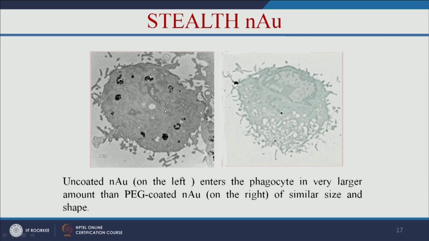This one is an uncoated gold nanoparticle, it is entering the phagocyte, that is your immune cell, and when you use the polyethylene glycol coated gold nanoparticle, of the same size, it escapes from the immune system. You can see here there are no black dots, that means there is no gold nanoparticle. So when you coat the gold nanoparticle with polyethylene glycol, it escapes from the immune system, but the uncoated gold nanoparticle will be taken up by the phagocyte cell, that is the immune cell.